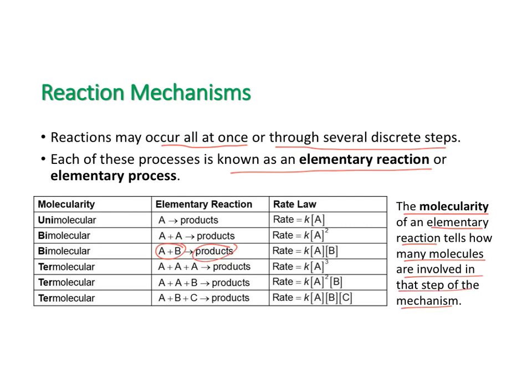So, for example, when you have a reaction that simply goes from A to your product, so a single reactant to your products, we will term this unimolecular. Remember, because the rate law is only affected by that one reactant. When you have bimolecular reactions, you will have two reactants affecting the overall rate law and how fast it happens.